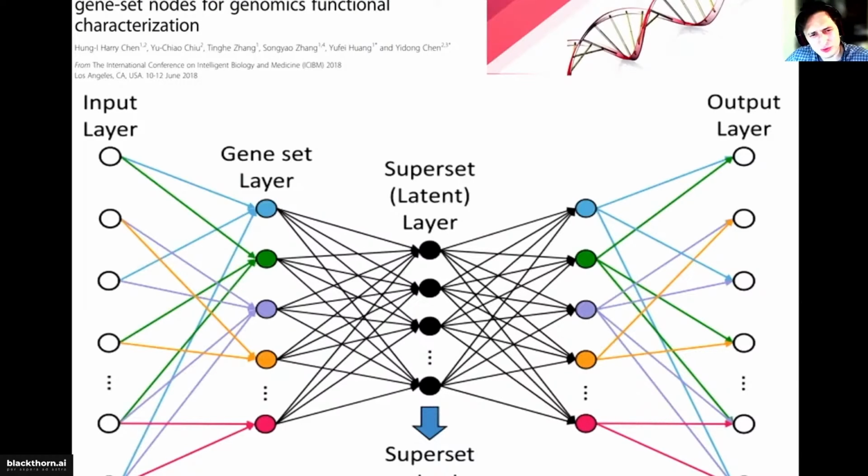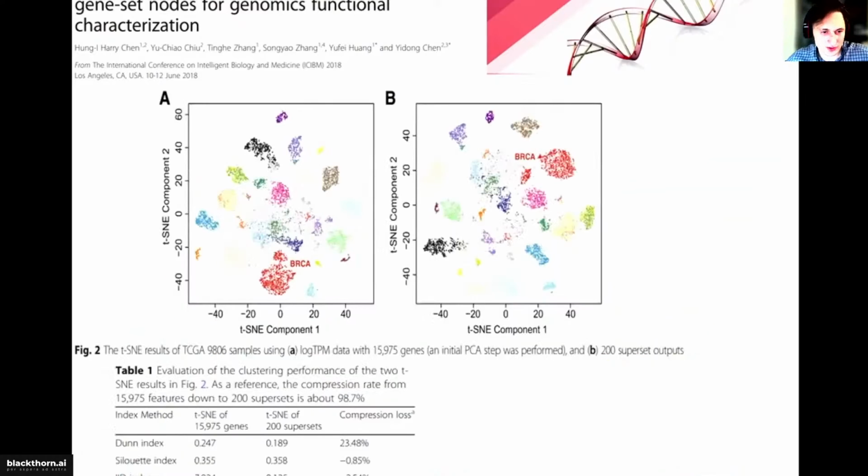Maybe you would like to use some additional layers, or maybe just some residual connections. It doesn't matter. Now we are talking about superset latent layers, and overall, they keep information quite well, and you can compress your data quite well in this way. If you calculate compression from these 200 supersets, you can see that the overall information loss is not so huge.